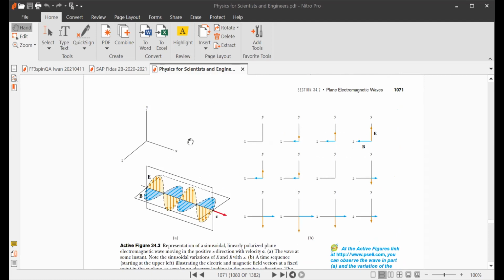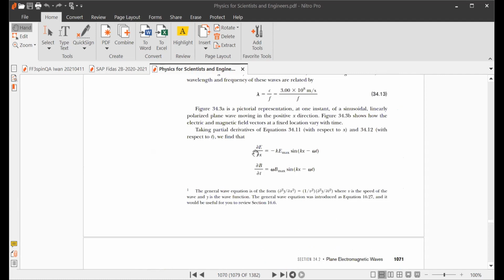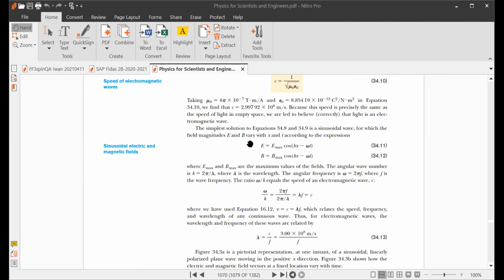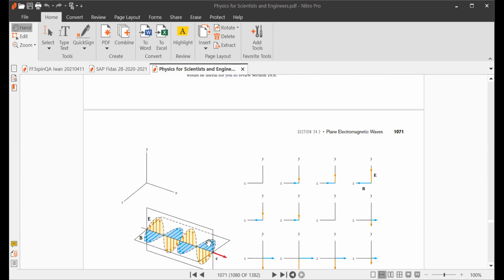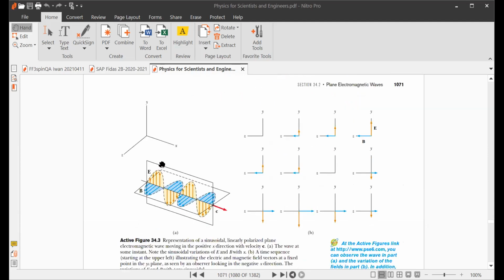So E here, because we have this transversal and planar wave, the oscillation of E is perpendicular to the x-axis. For example, we take this oscillation direction of the electric field to be the y-axis.